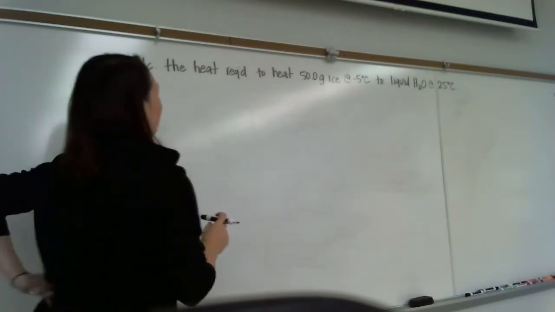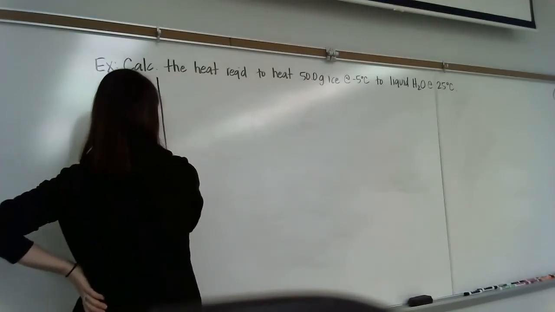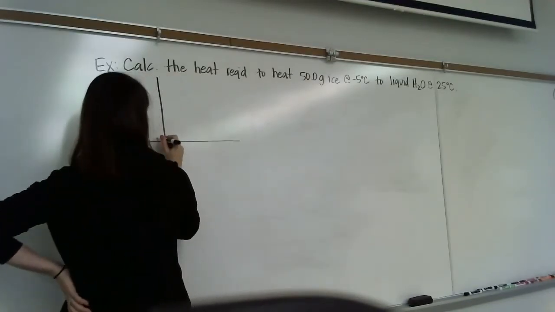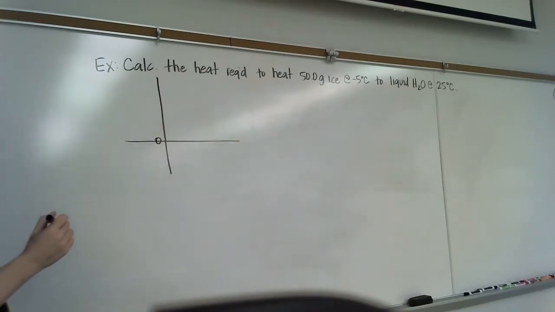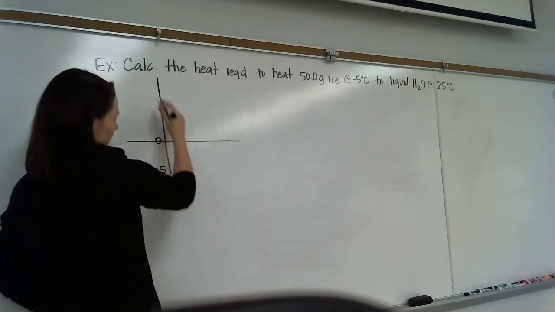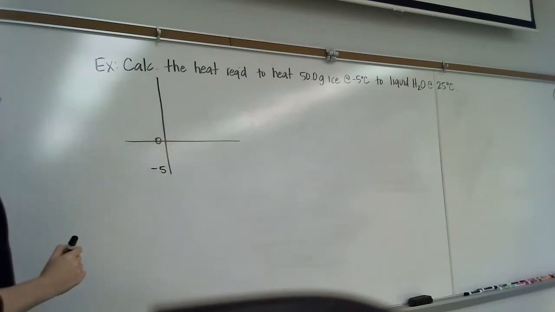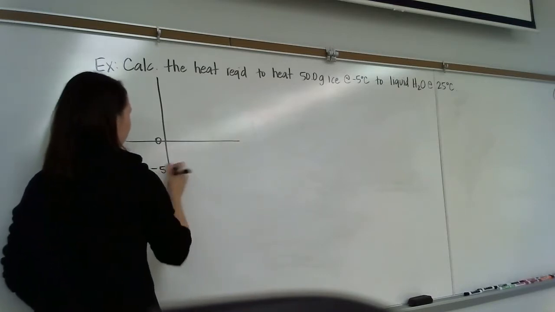All right, so we are dealing with ice. Freezing point / melting point 0, right? That's our magic number. But we're not beginning at 0, we're beginning at -5. This is time, this is temperature. So at time equals 0, when we begin, the temperature is -5.